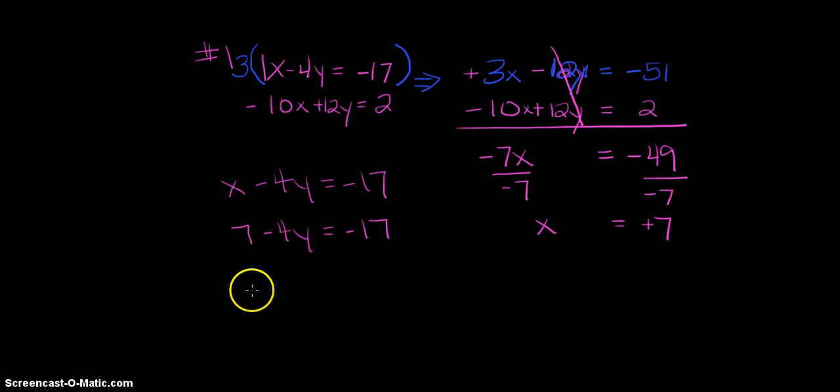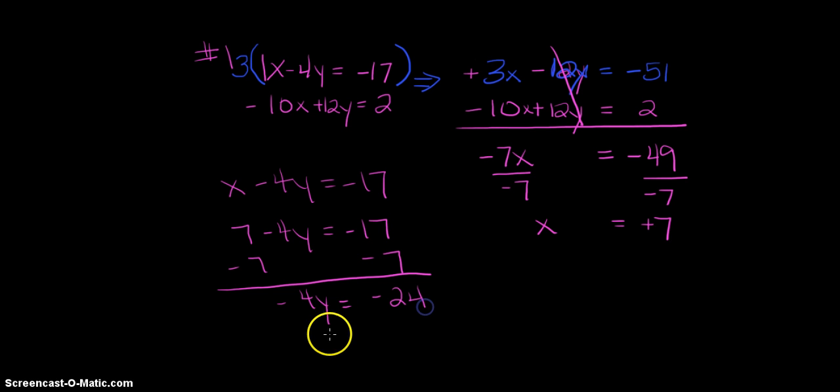Alright, now I'm just solving for y like I did before. Subtract 7 from both sides. I'm left with negative 4y equals negative 24. And I divide both sides by negative 4. And y equals positive 6.